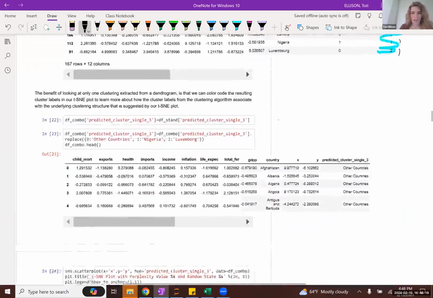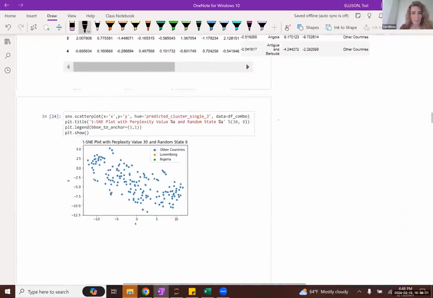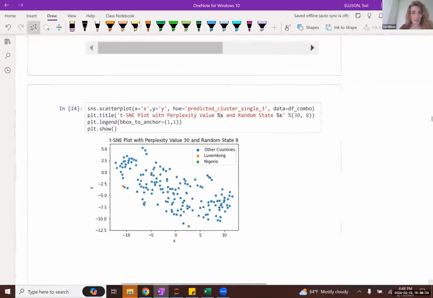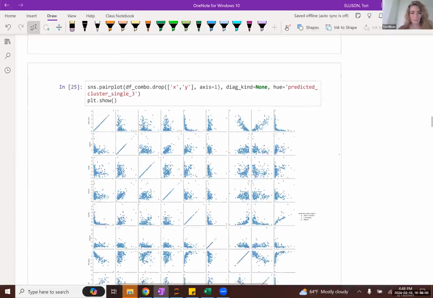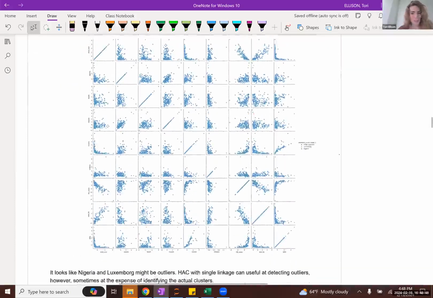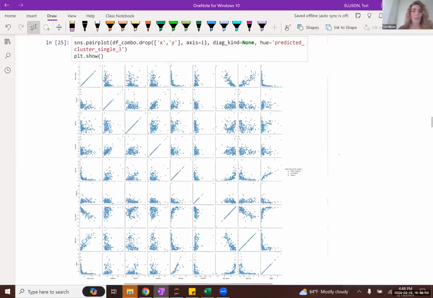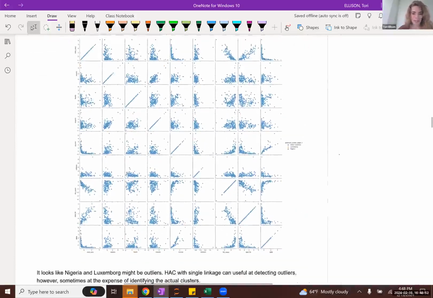Okay. Now if I were to color code by the cluster labels for the clustering with 3 clusters that I just created, as I would expect, it's not immediately obvious from the TSNE plot that these points are outliers. And again, TSNE plots don't tell you if a point is an outlier. So if I wanted to corroborate that these points were outliers, I could color code my pair plot by the cluster labels.